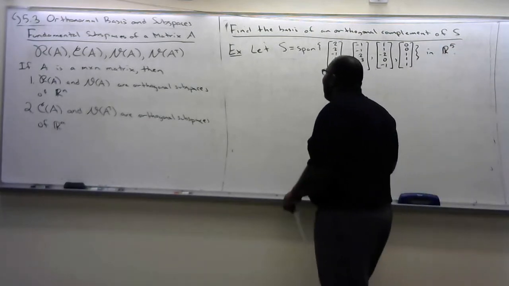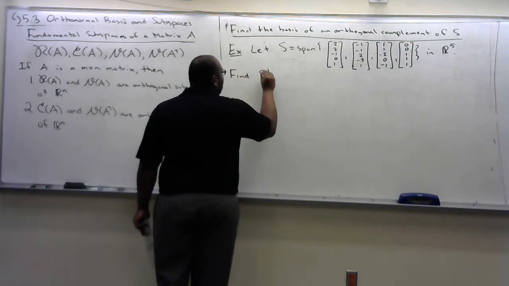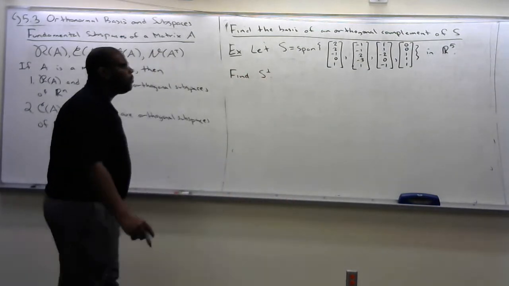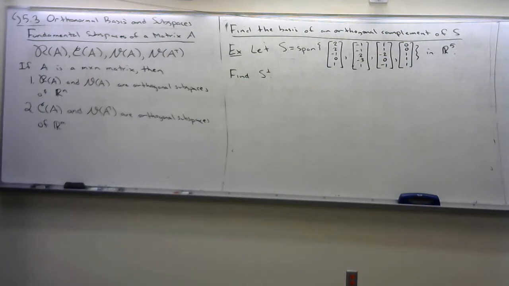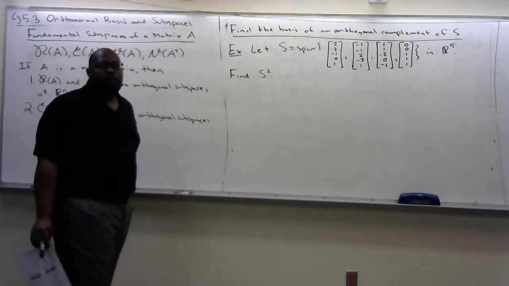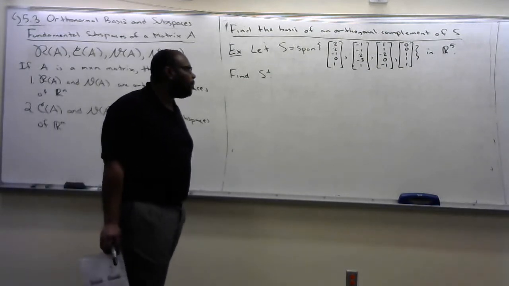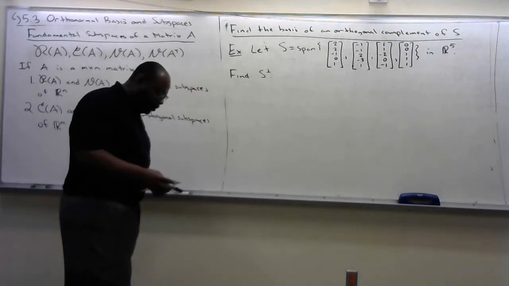I want to find S perp. So I let S equal the span of these 4 vectors in R5, and I want to find what S perp is going to be. What's the orthogonal complement of this?